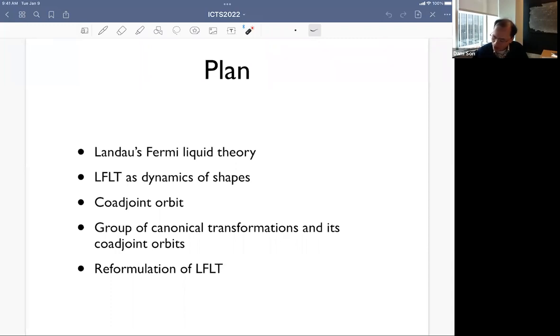In particular, in our case, the group that is relevant is the group of canonical transformations, which we will see why it's relevant for our case. And then at the end, we see how the method of coadjoint orbit leads to a natural reformulation of Landau's Fermi liquid theory.